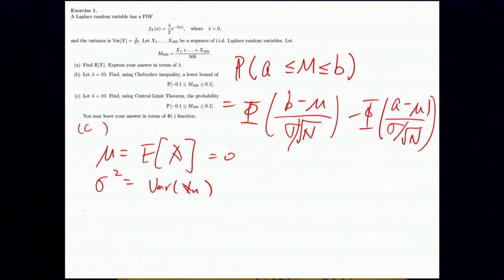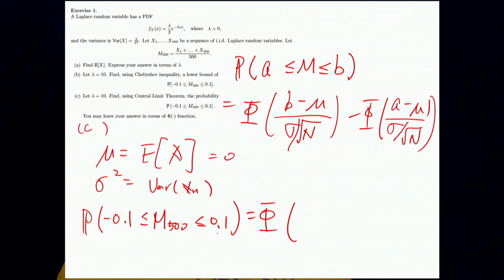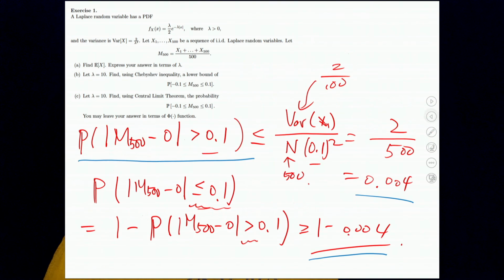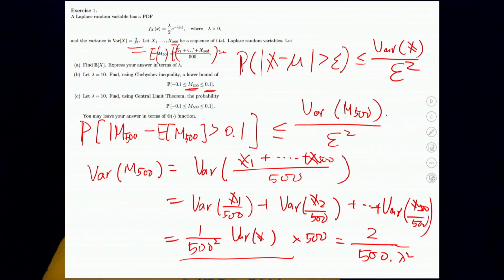So if I want to find this expression for M500, there will be b equals 0.1 minus mu, mu is 0, divided by sigma. Sigma we just found, the sigma of M. It's here.